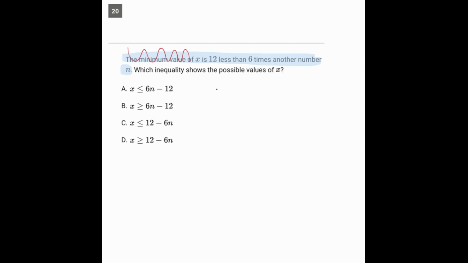So that's nice and easy. x is 12 less than. If I want to lower something by 12, I can just add negative 12 to it. So x is 12 less than 6 times n. So that would be if our statement was not an inequality statement, if it was just a regular equation.